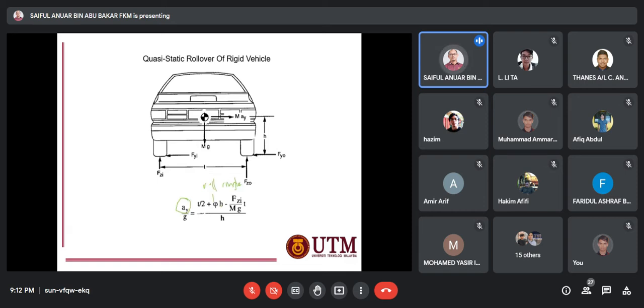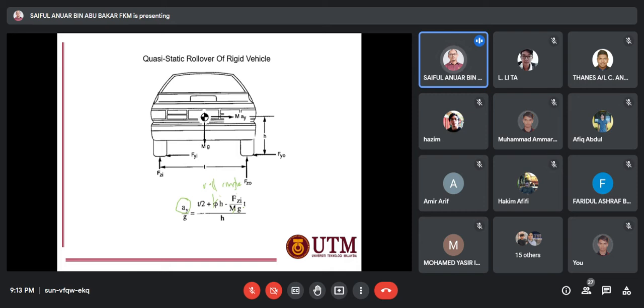If this value is too small, this term is approximately zero. This one is constant. If you have the mass, this is going to be the weight of the vehicle. This amount of lateral force divided by the weight of the vehicle usually produces a small value, multiplied by the constant of track width.